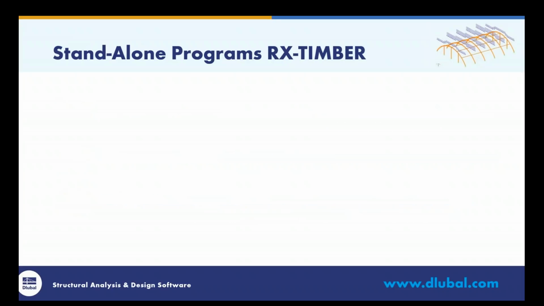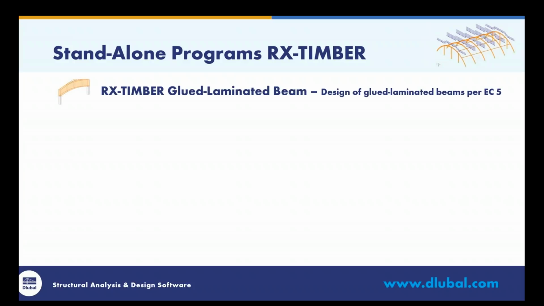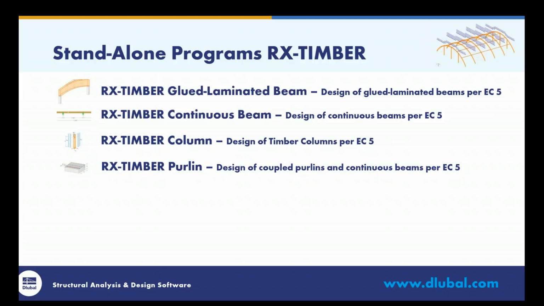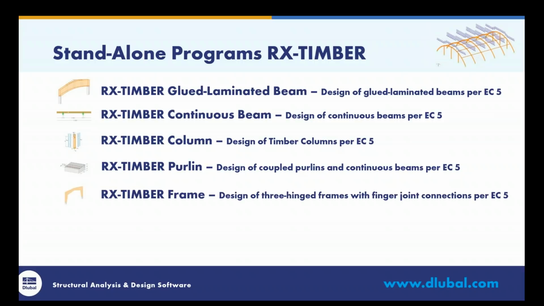And then we have a program family called RX-Timber, with the program RX-Timber Glued Laminated Beams, then Continuous Beams, a program for timber columns, and one for coupled purlins and continuous beams.